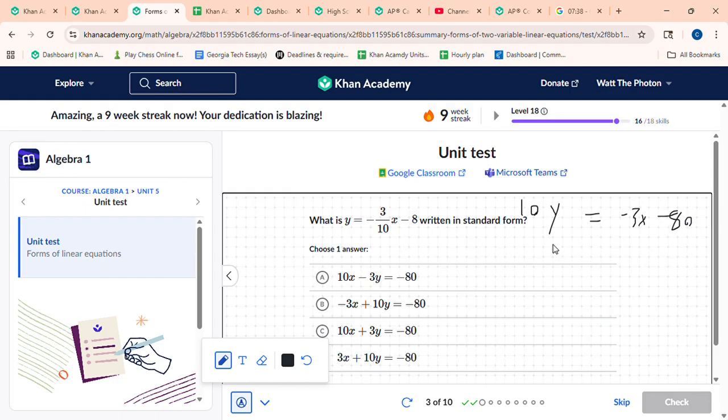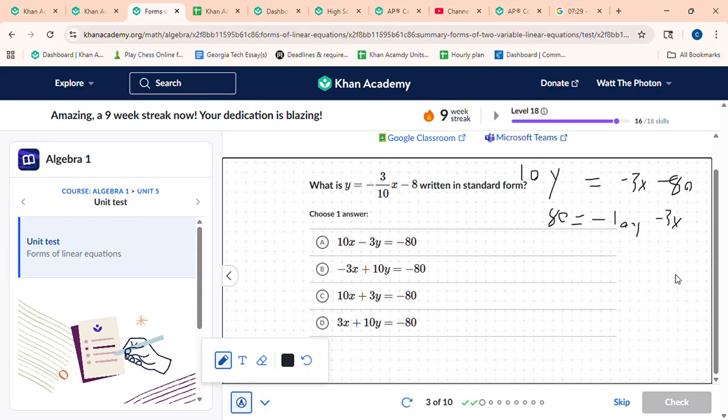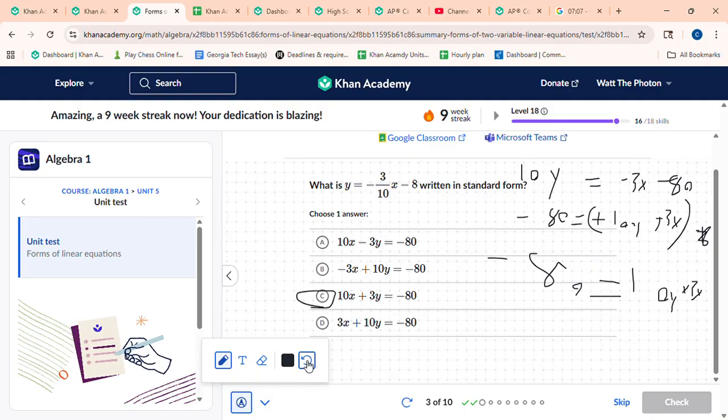Put 80 on this side, we get 80 and then subtract 10y is equal to negative 10y minus 3x. And then, because this is negative, we'll multiply everything by negative 1. We get this is equal to 10y plus 3x.